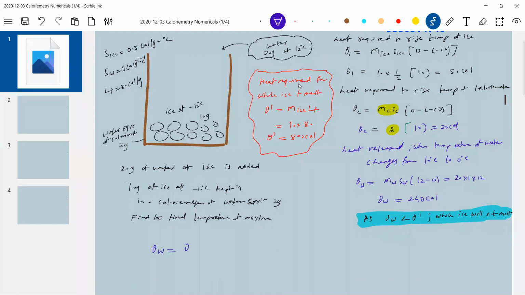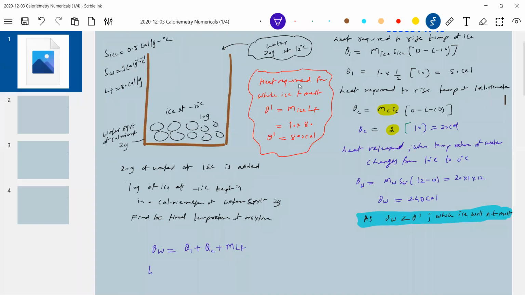QW should be equal to the amount of heat required to raise the temperature of ice from -10 to 0, plus the amount of heat required to increase the temperature of the calorimeter from -10 to 0, plus the amount of heat required for the ice to melt. For the ice to melt, I don't know what amount of ice will melt. I'll call that M, and let this be LF.